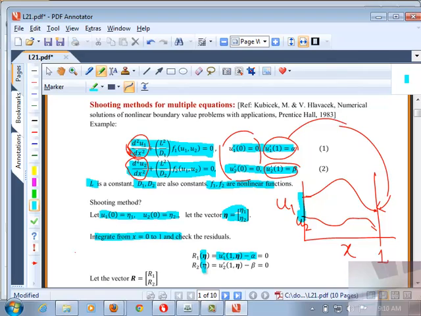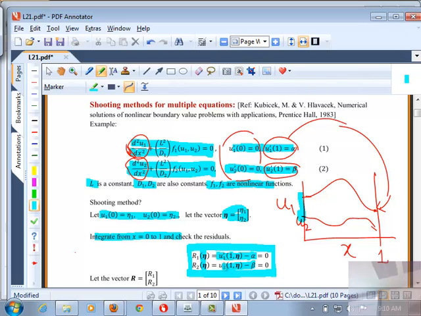So what have I achieved now? I have made this into a problem of two equations in two unknowns. The two equations are the residuals of the boundary on the right side, R1 and R2. That is essentially the difference between the left hand side and right hand side, and I want to drive those residuals equal to 0. So I have two equations, two conditions, and I have two variables, eta 1 and eta 2.